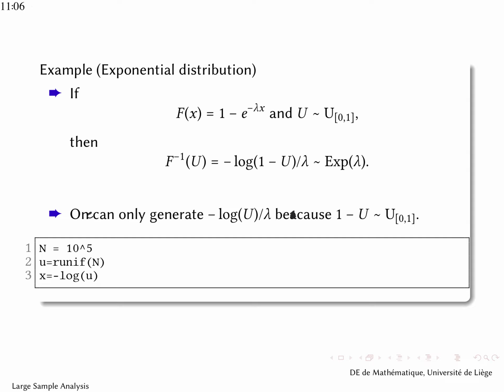For this distribution, we know the cumulative distribution function. This is 1 minus e to the power minus lambda x. And if not known, we can easily calculate the inverse function as well.